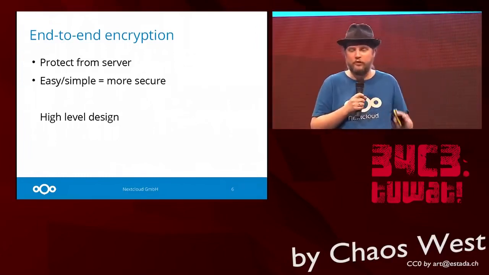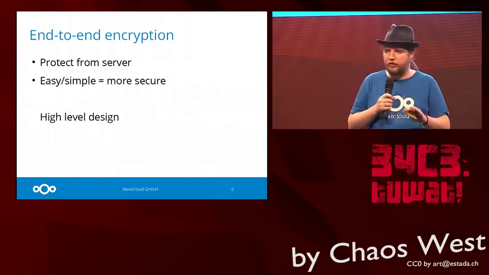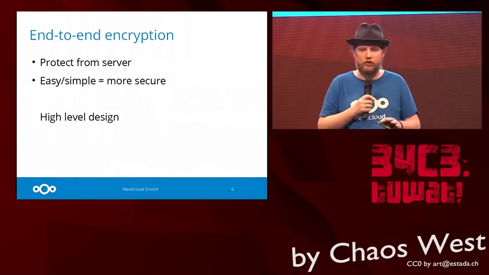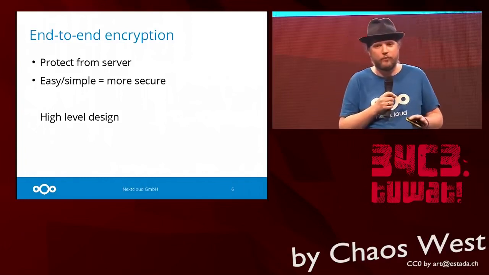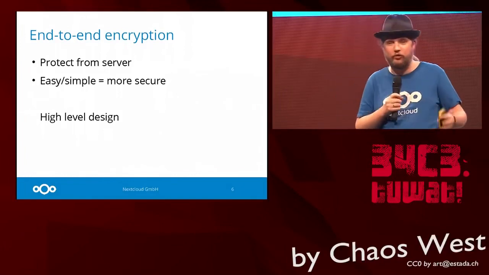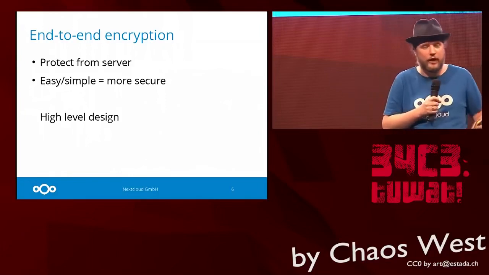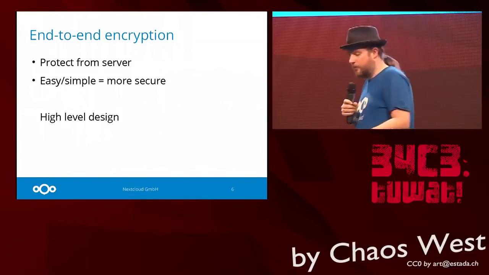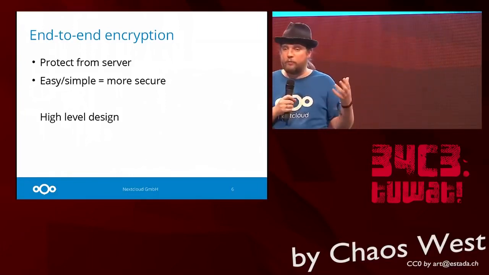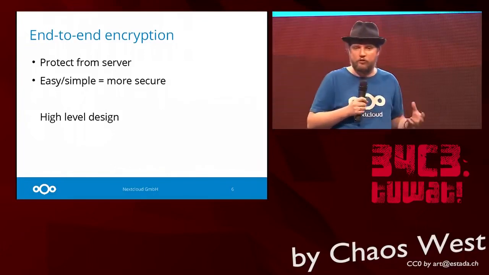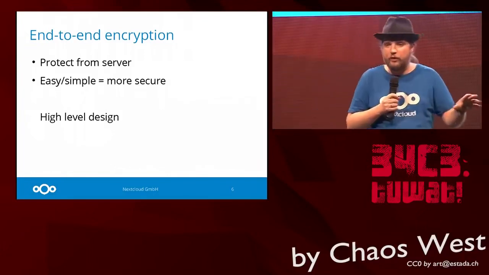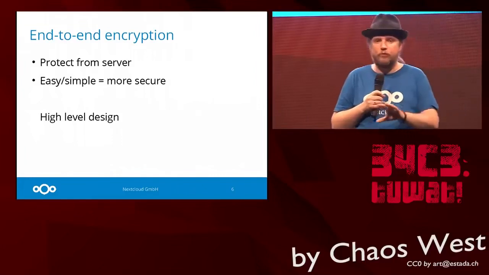So the goal of our end-to-end encryption is to protect your data, even if you can't trust the server for one reason or another. Obviously, Nextcloud is self-hosted, so you should trust the server. In most cases, you can. But for example, if you pick a provider, you might trust the provider, maybe in the city where you live, to keep your data secure.